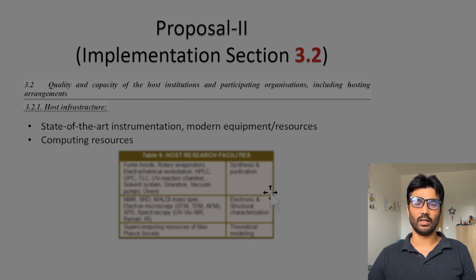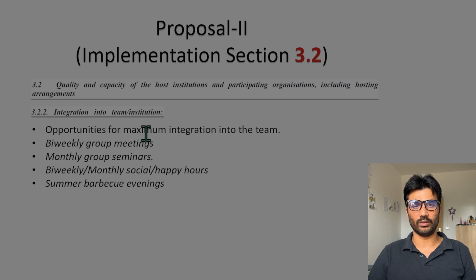For example, I divided for synthesis and purification, then properties, characterization, so all the research facilities, and then theoretical modeling or simulations, and the resources available here. You can also look into your host research facilities, and it's better to make a table for the reviewer to easily go through your proposal.